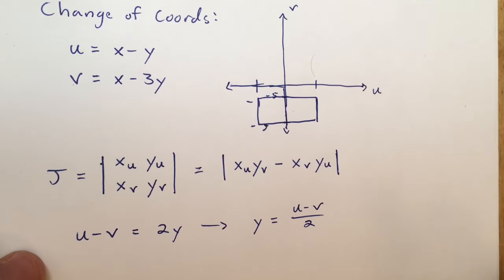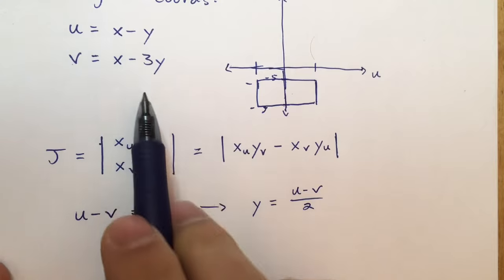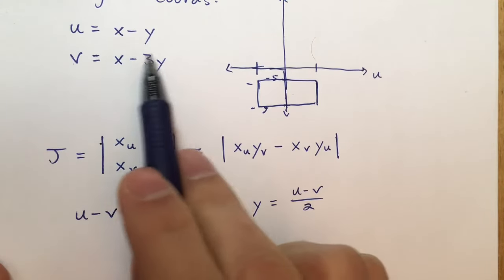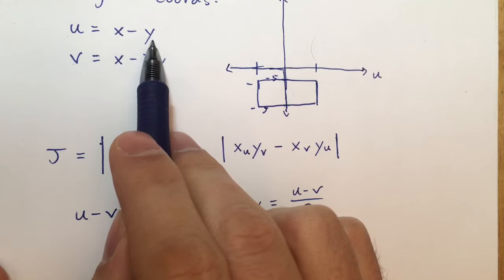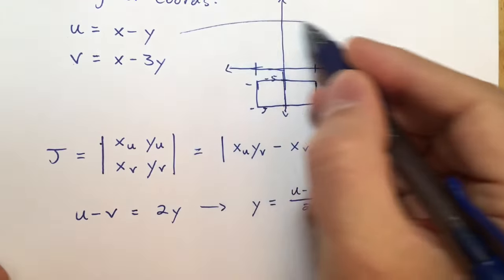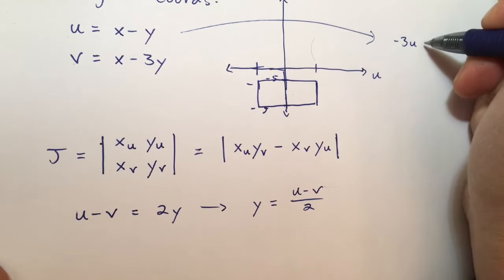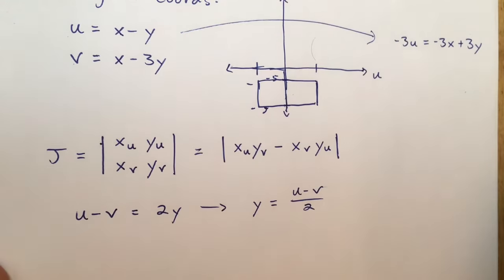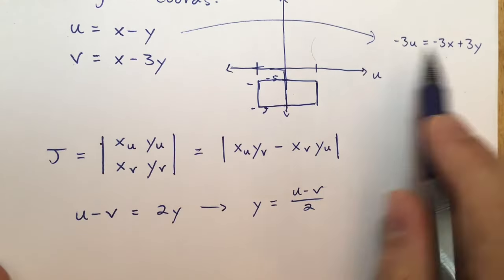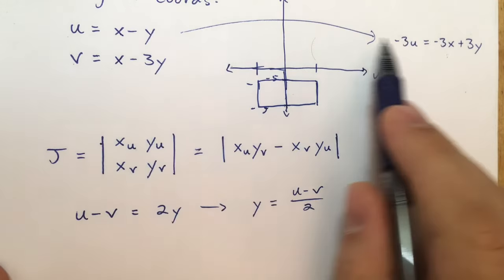Okay. And if I want to solve for x, I might try to do the same thing, but to get the y's to cancel off. So why don't I multiply the top equation by negative 3? Bring that over here. Just multiply everything by negative 3. Now add this equation to that one, so the y's are going to cancel.